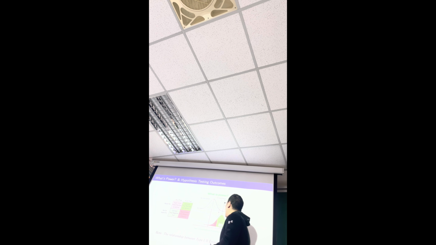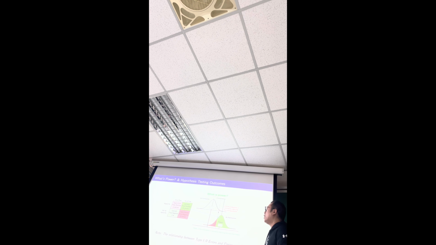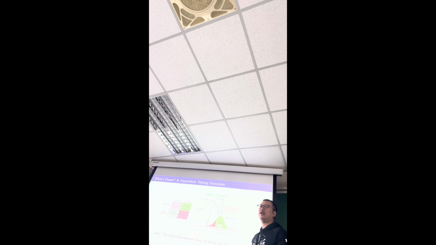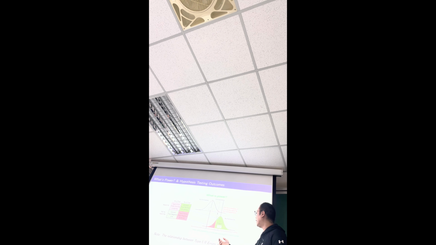And we can also go from that hypothesis outcome to the definition of power. So what is the power? Power is the probability that you can correctly reject the null hypothesis.